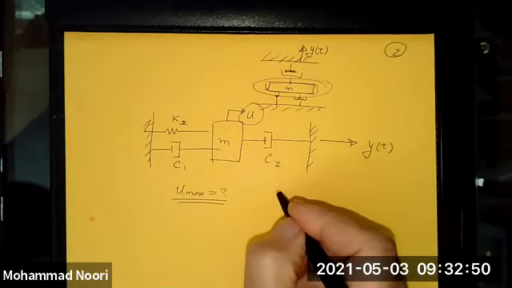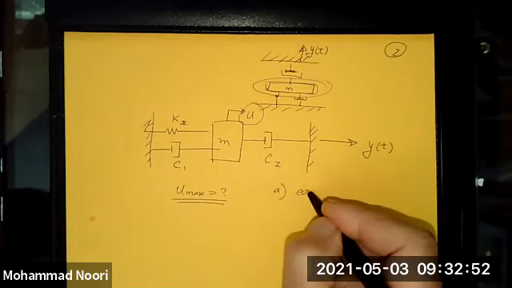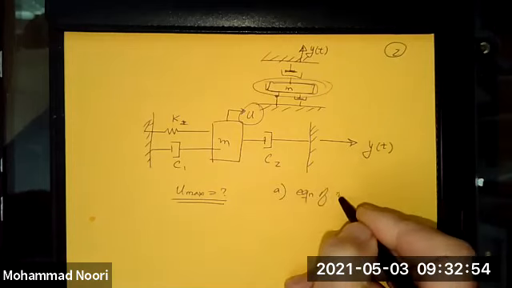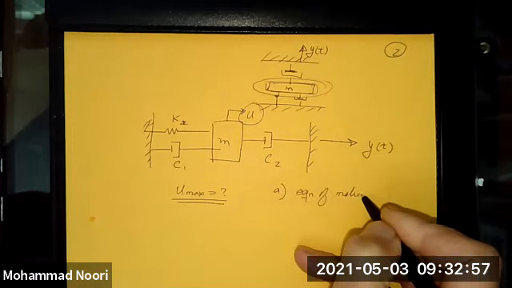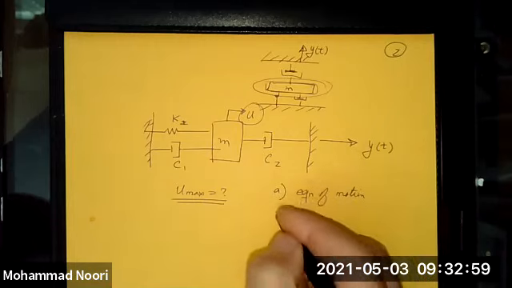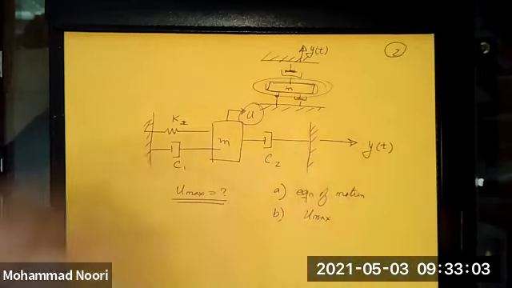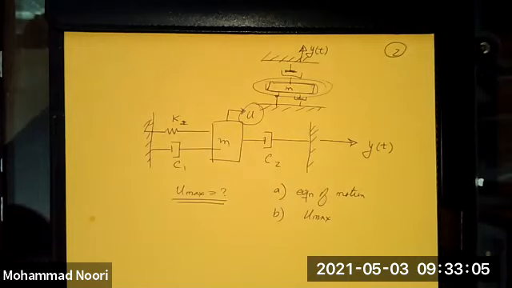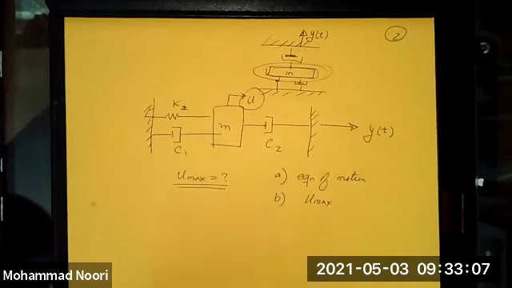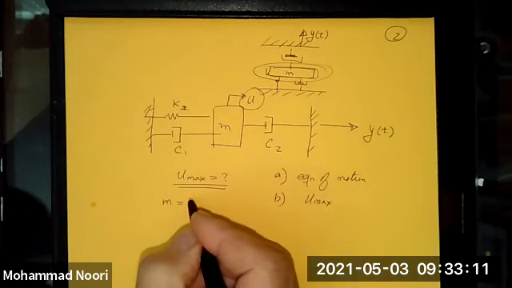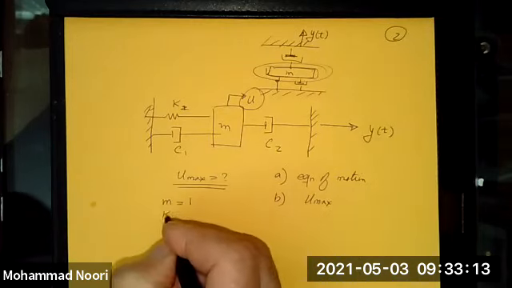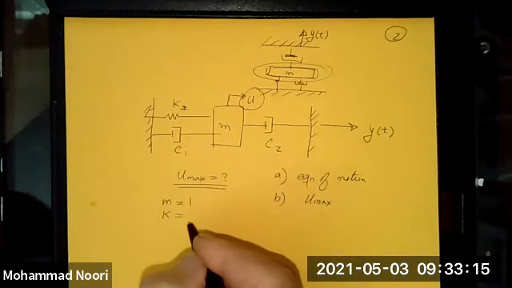These are the two things we want to find out. What is the equation of motion? That's the first thing we need to do. And then find the maximum displacement that this mass experiences. So let's make this problem a little bit meaningful. Let me give you some simple values for these parameters.